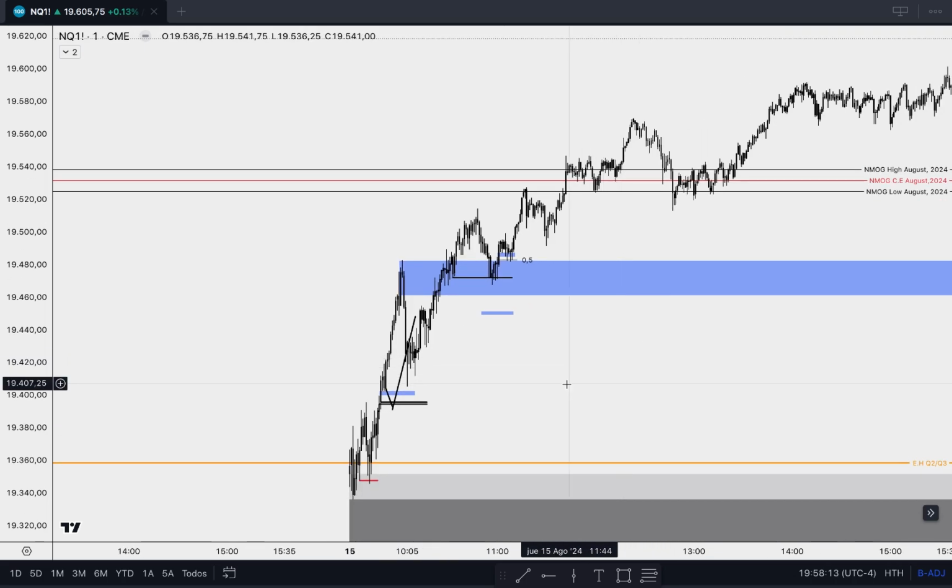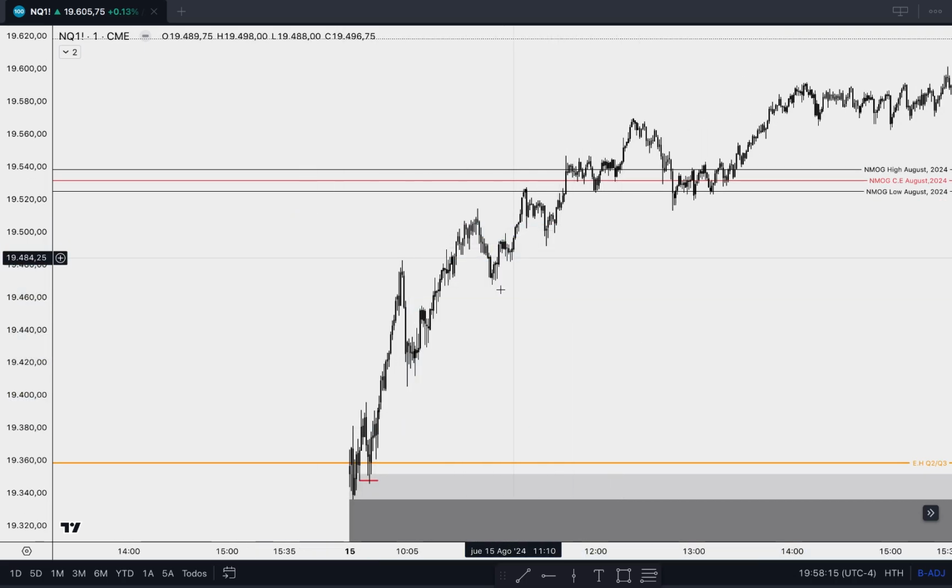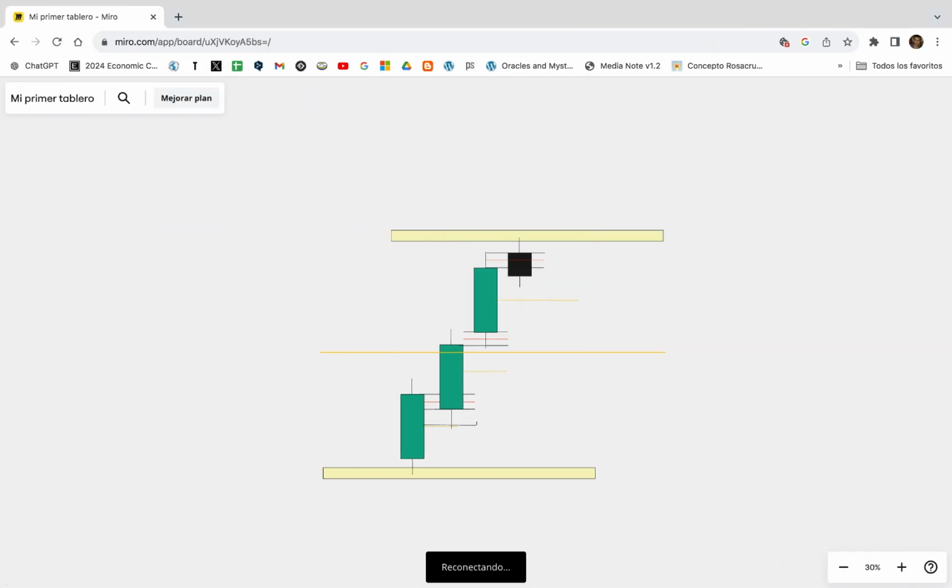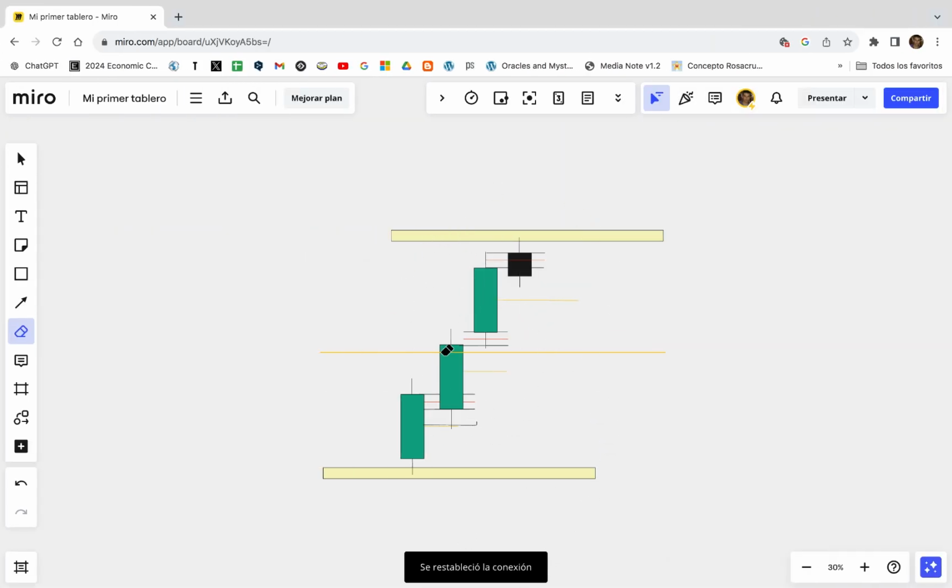Okay, and I'm using this logic: how I am opening relative to the previous day close, and where are my high time frame gaps, and using these key levels to find the most probable draw of liquidity.